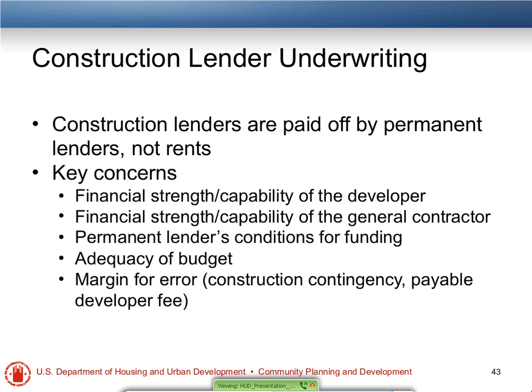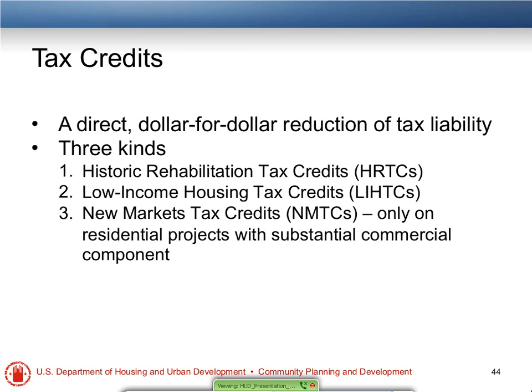If things go wrong, if we go through all of our construction contingency and we still need additional funds to complete the project, then the developer would use part of their paid developer fee to fund those cost overruns in that likelihood. So those are just some of the things that the construction lender would be looking at.